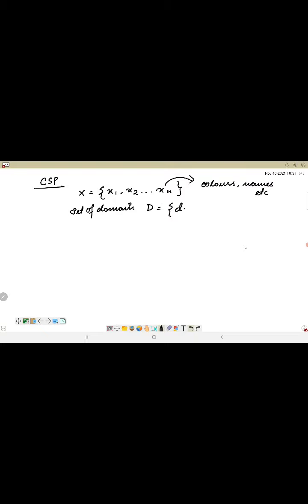Now let us once again recapitulate what we have just discussed. A CSP consists of a set of variables, let's say x1, x2, up to xn, and these variables can represent colors, names, etc. The next is a set of domains, D, which is D1, D2, and so on, and a set of constraints C, which is C1, C2, up to Cn.